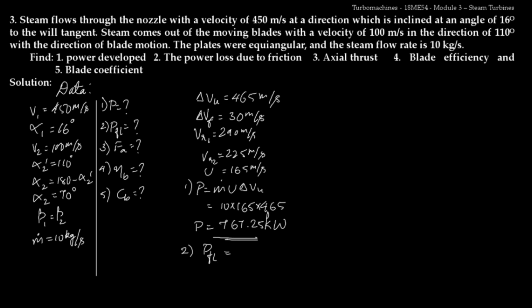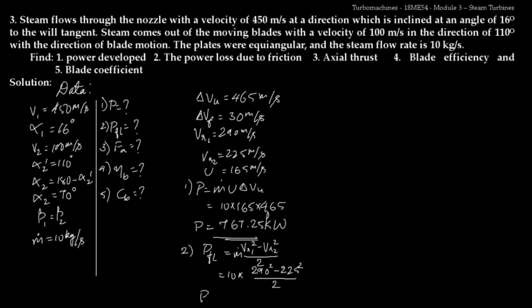The power loss due to friction is given by VR1 square minus VR2 square divided by 2. This is the energy loss due to friction. For that, if I multiply the mass flow rate, then I'll get the power loss due to friction. So let us substitute the values here. m dot is 10 multiplied by 290 square minus 225 square divided by 2.